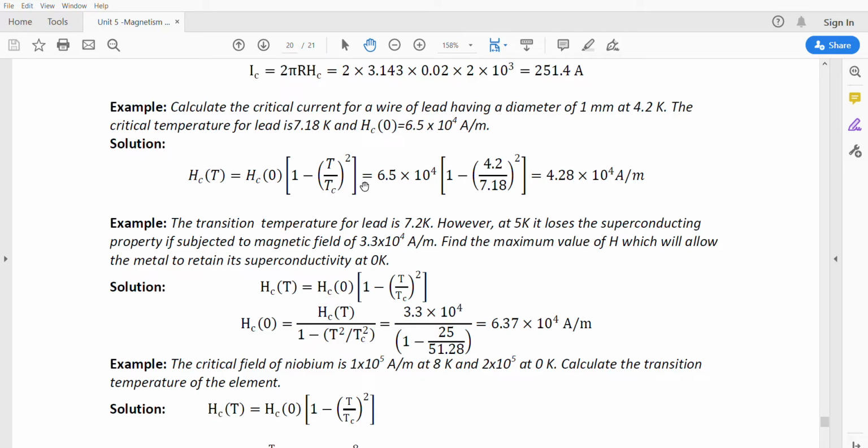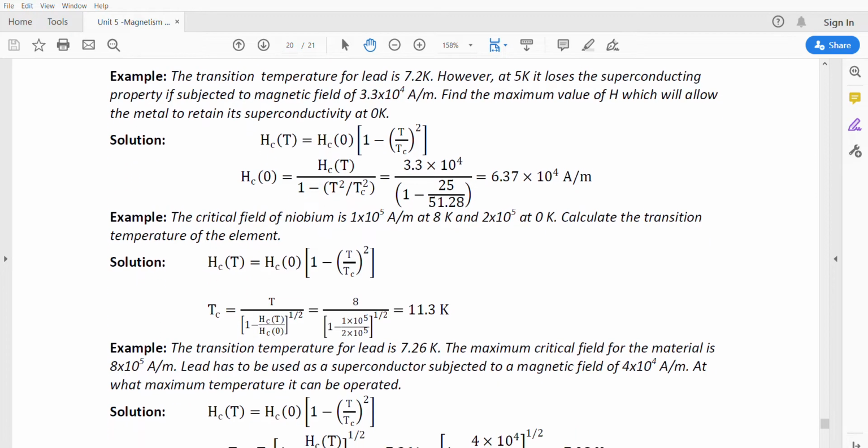Substitute all the values in the formula Hc of T equals Hc of 0 into 1 minus T upon Tc whole square, and we will get the answer. The temperature, critical temperature and Hc of 0 are all given, so we use this Hc of T formula directly and substitute. We get the critical magnetic field, and from it the critical current of the lead wire.